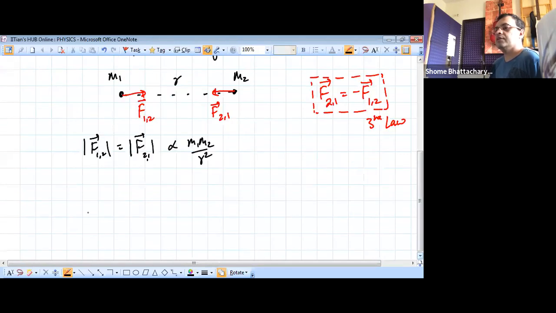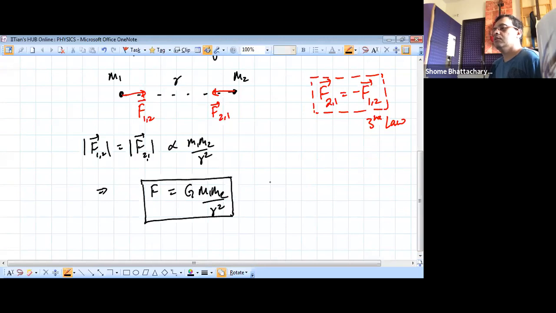In fact, this magnitude of force is given by this very famous equation, where capital G is called the universal gravitational constant. Its approximate value is 6.67 × 10^-11 newton meter squared per kilogram squared.